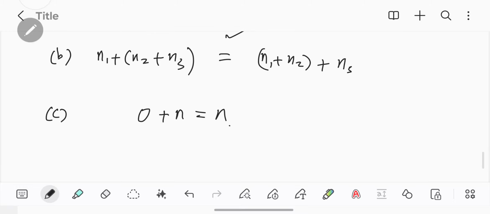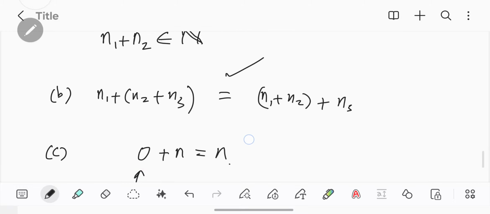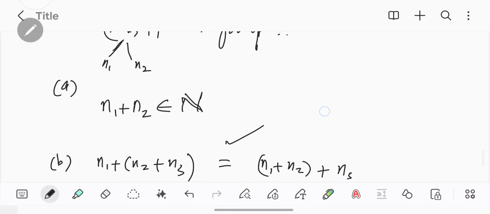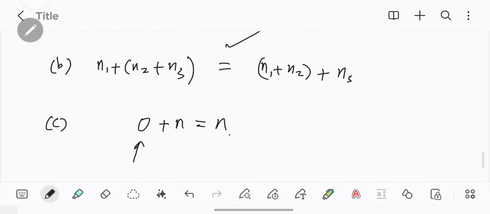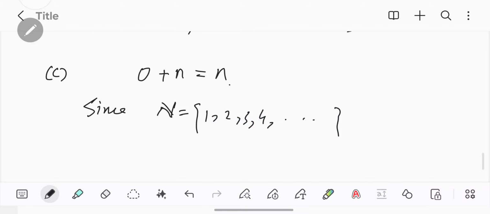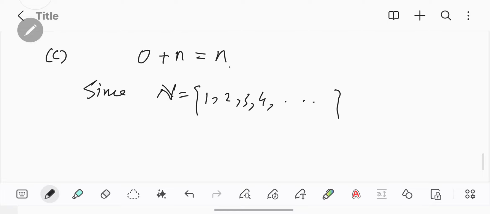So here we will check whether this identity is in the set of natural numbers or no. The set of natural numbers is 1, 2, 3, 4, 5 and so on. Can you check whether the zero, the identity, is inside or no? Of course, if it was, it should be here.